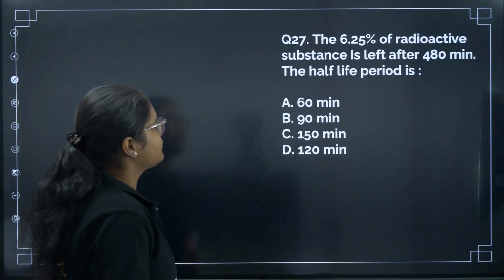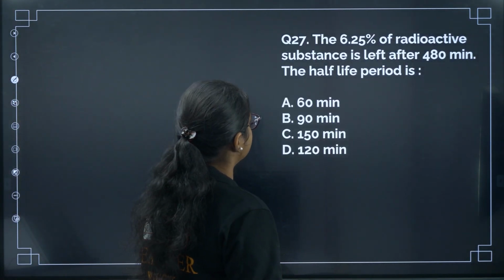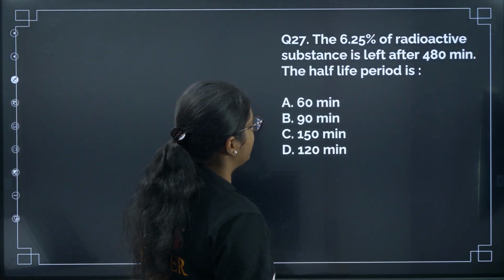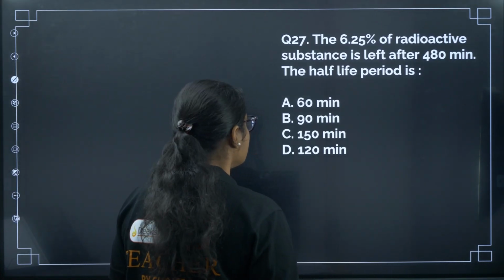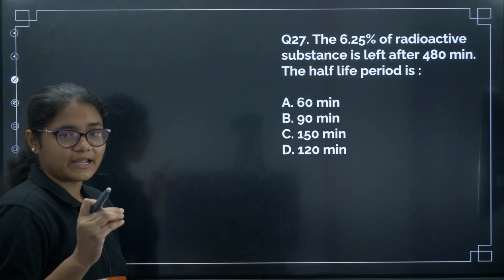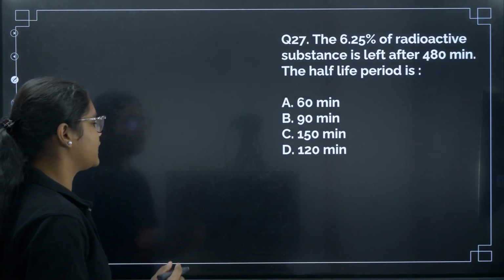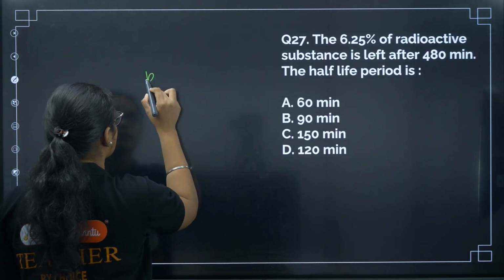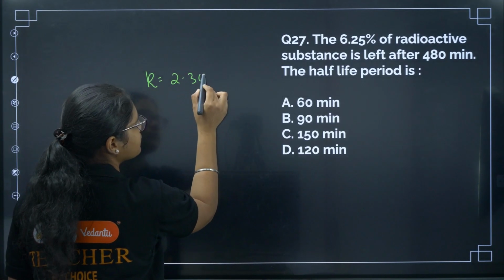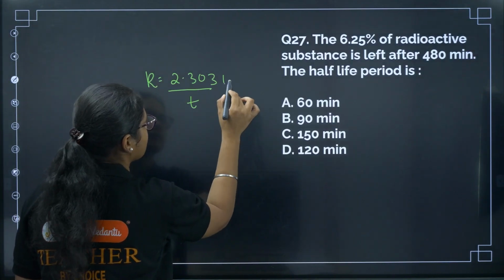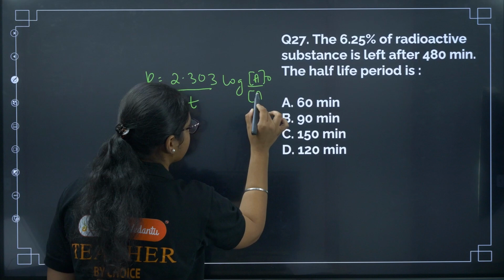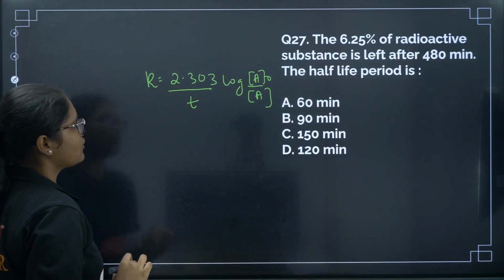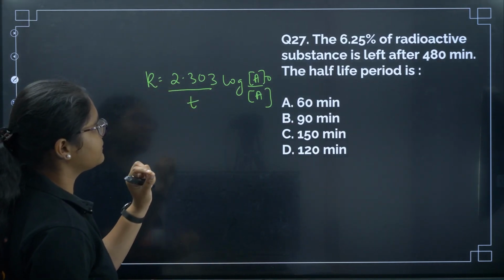Next, 6.25% of a radioactive substance is left after 480 minutes. The half-life period is, okay. So we know all the radioactive reactions are first order reactions. So I can write here K equals 2.303 by t log of A naught by A. Now, if I solve this, what do we have to put? 6.25% is left.